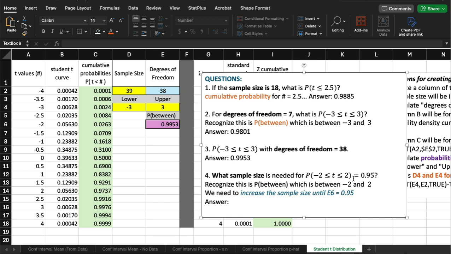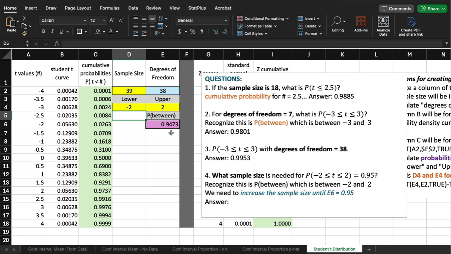The interval is shrinking down to between -2 and +2, and we want that probability to be equal to 0.95. So I'm going to go ahead and change my lower and upper numbers. This is a -2 in the lower, and the upper is +2. And as you can see, right now the probability is 0.9473.